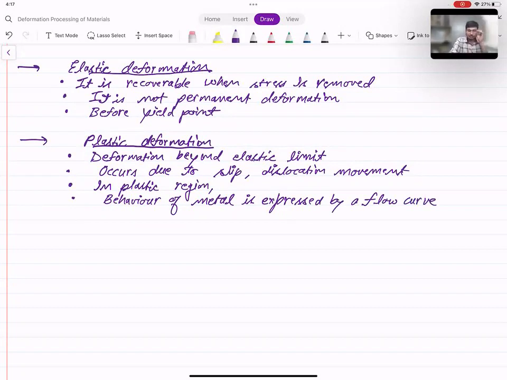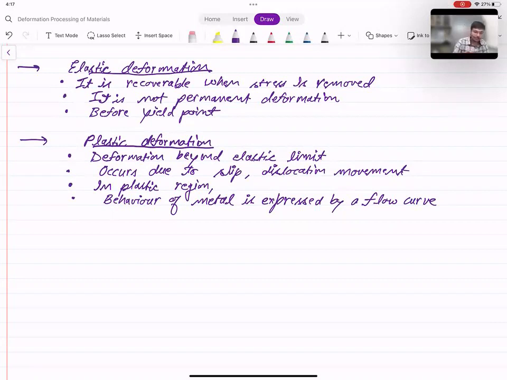We are talking mostly about metals here. If we are talking about the flow curve, then we should know what flow stress means. So the flow curve involves flow stress, and flow stress is the stress required to cause a material to deform or to flow continuously under the applied load or stress.